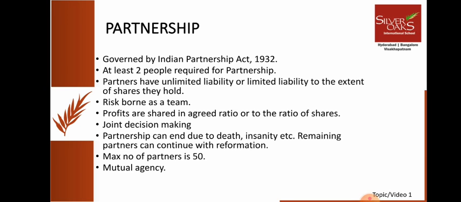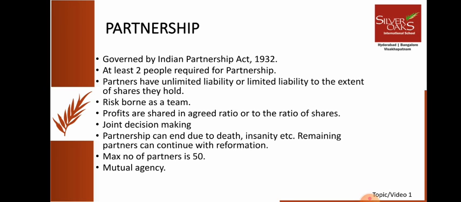Talking about risk bearing, the partners of the firm will have to share the profits in a particular ratio. All these ratios will be discussed in the agreement and specified before the firm comes into existence itself.